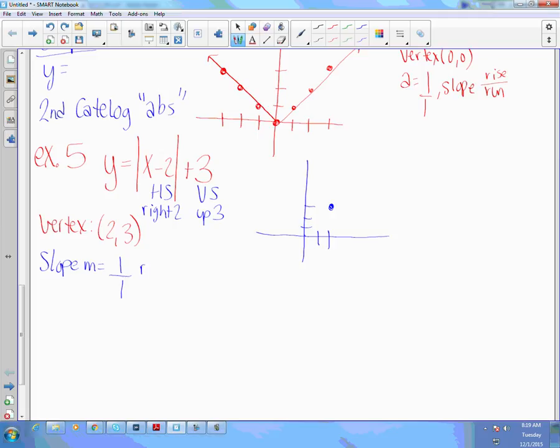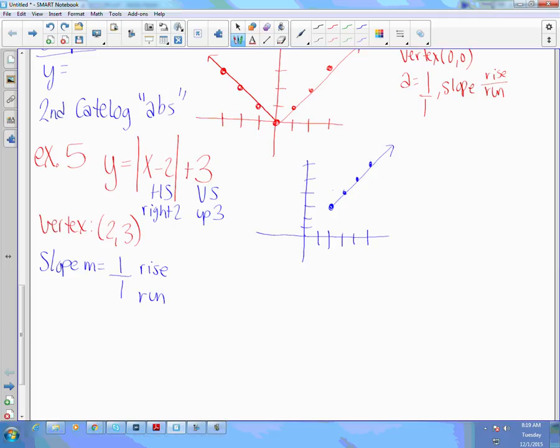So we rise 1, run 1. A few more lines here. Run 1, rise 1, run 1, rise 1, run 1. It gives us the positive arm of the absolute value.